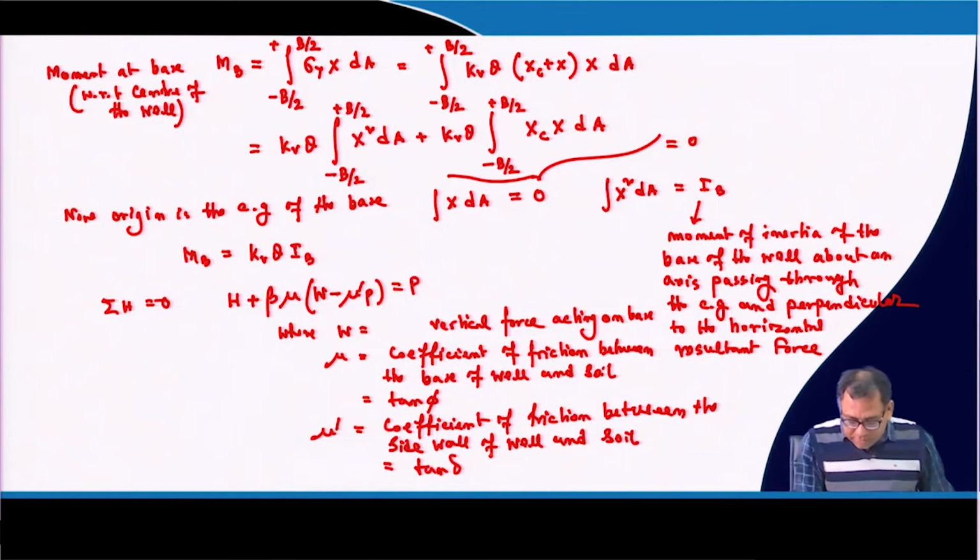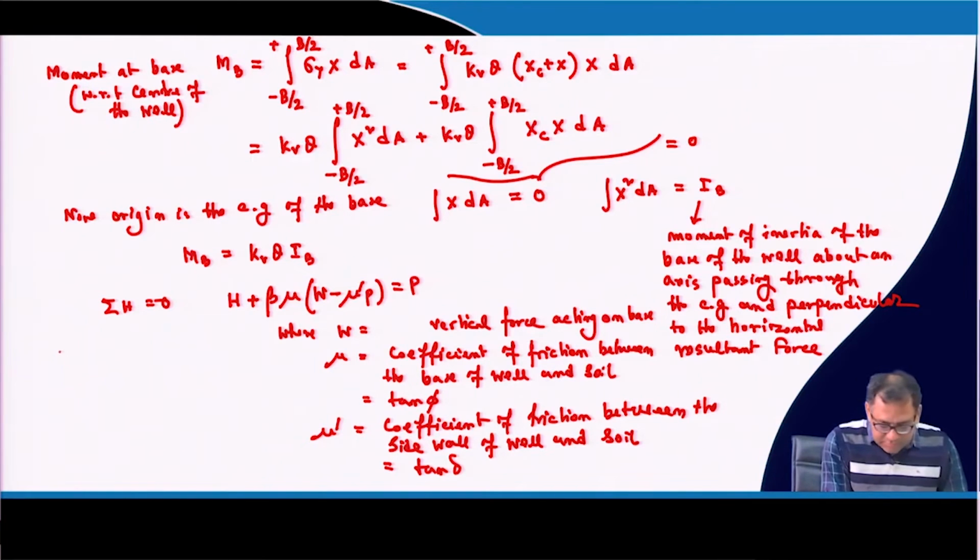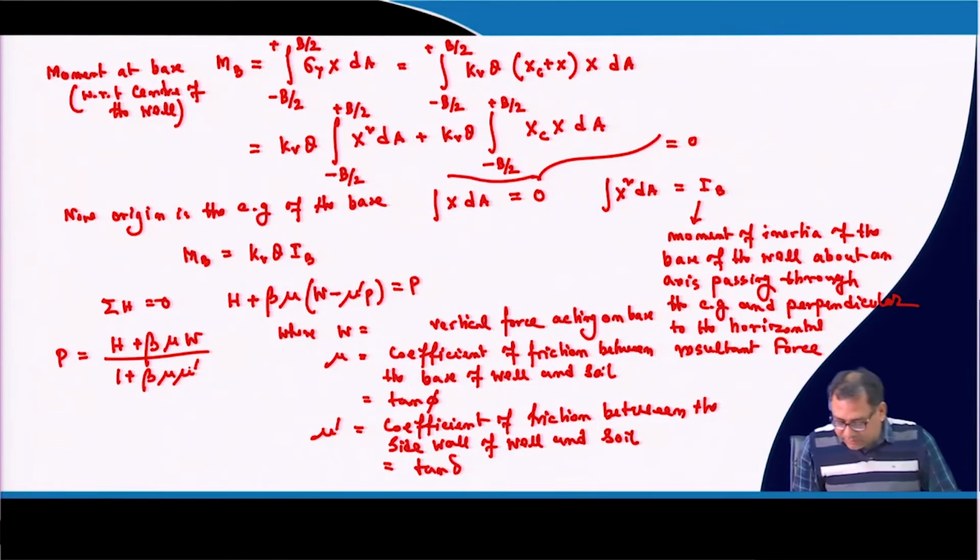Now if we simplify this equation, there is a term P also on this side. So, simplifying the equation, H plus beta mu W, and then 1 plus beta mu mu dash.